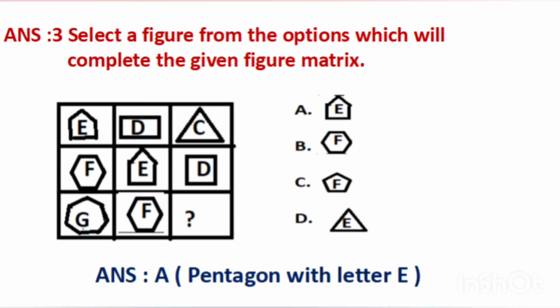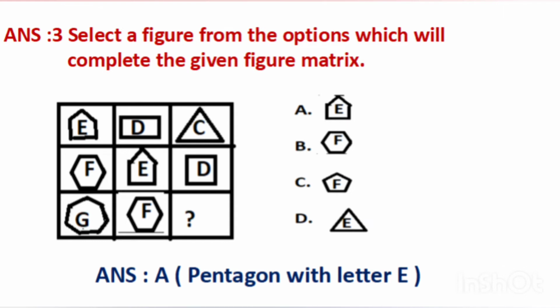Now coming to the third question, you have to select a figure from the options which will complete the given figure matrix, right? Now see the horizontal rows. First row, you can see the number of sides goes like this: 5 sides, then 4 sides, then 3 sides. Second horizontal row goes from 6 sides, then 5 sides, then 4. That is, 1 gets reduced each time in both the rows.